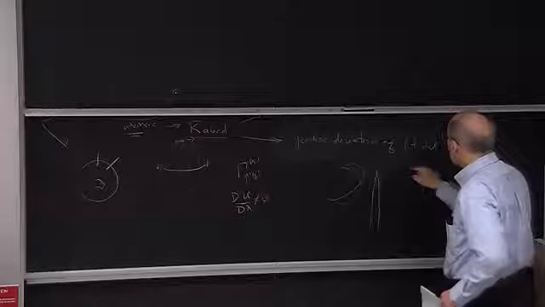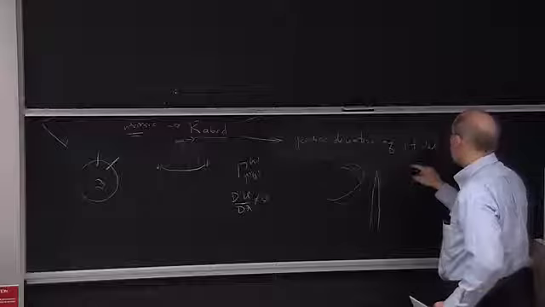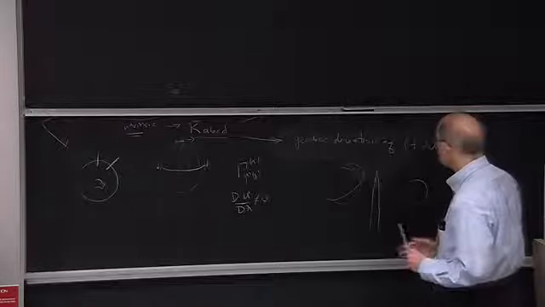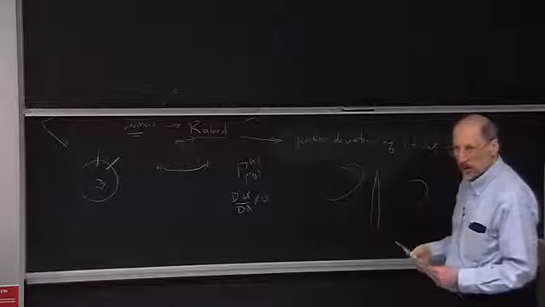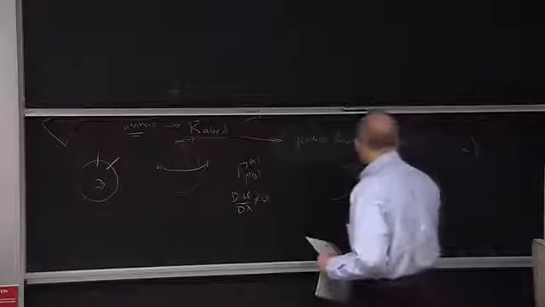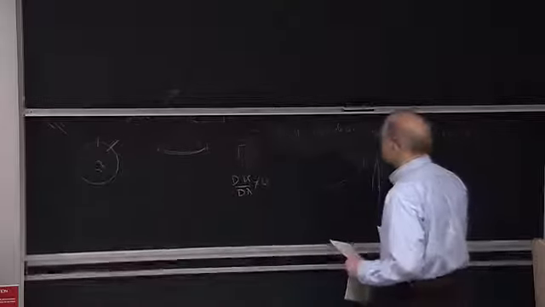So something about the geometry in the neighborhood of those two particles is bringing them together, and that's the Riemann curvature. That's the meaning of the geodesic deviation equation. So that's the other main consequence.